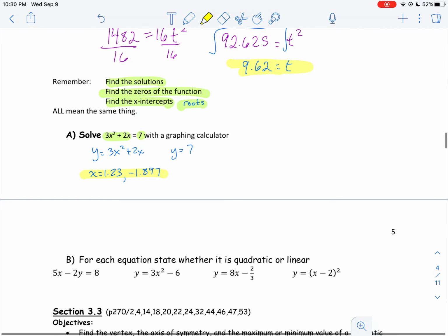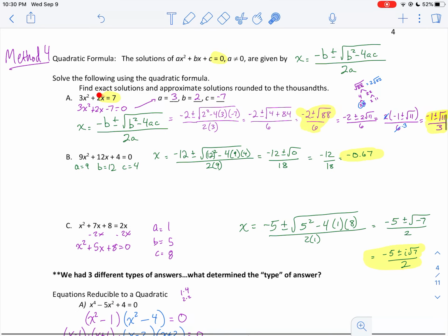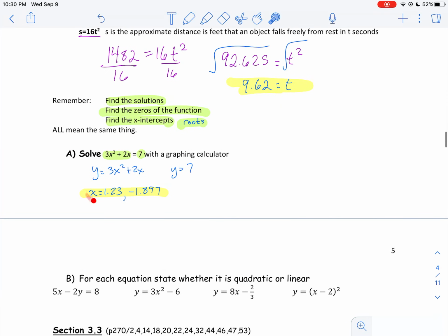Now, if you look at part A up here, you see that's the same thing. Same equation. If you would take either this answer or this answer and type it into your calculator, you would find that it equals the same thing.